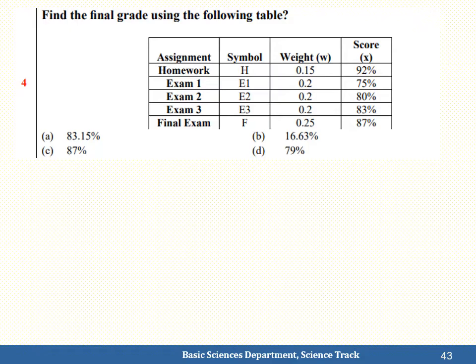Now, find the final grade using the following table. First, assume we don't have these percentages here, because they're out of 100. I think this is given to you to say they're out of 100. These are the weights, so it's asking for the weighted mean of the scores.